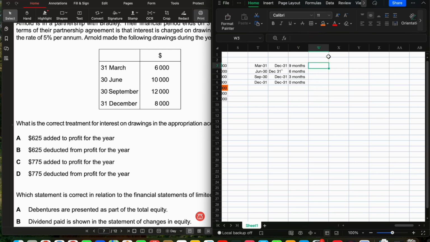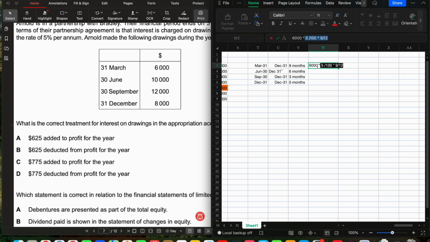So here let's calculate the interest. We have 6,000 as drawings. Interest rate is 5%, which is 5 divided by 100. Now once you get this amount, we'll multiply this on monthly basis, so 9 months out of 12 months. I hope you understood this.